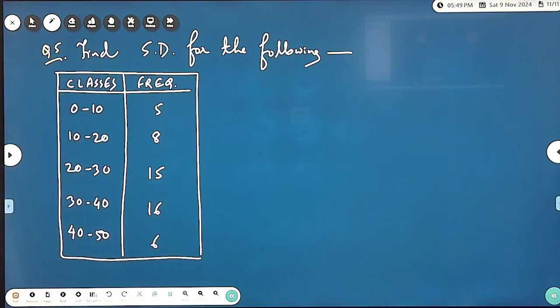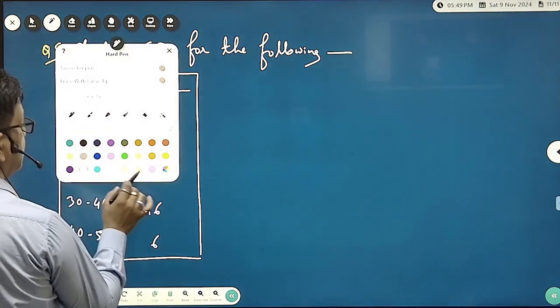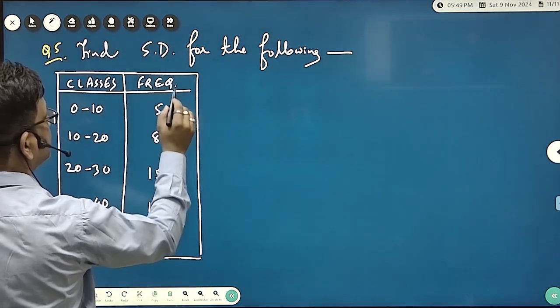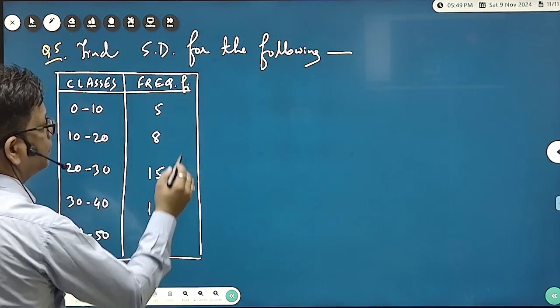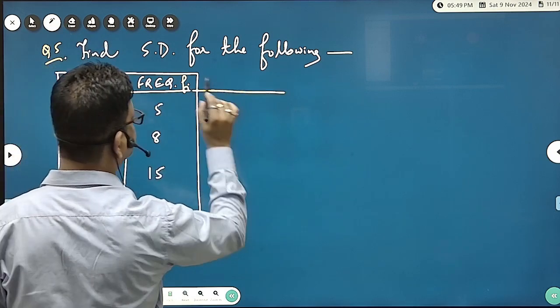Try to answer the columns. For any question of statistics, if you know the formula correctly, you just have to put the correct columns and then do the calculation. For standard deviation, we must again find the mean. So this is your Fi. Tell me the name of this column.